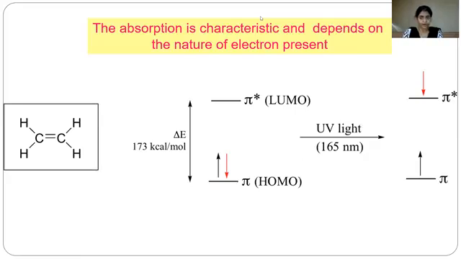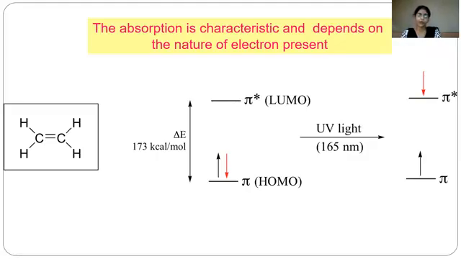When we irradiate the molecule with UV, light of 165 nanometer is absorbed by the molecule because the energy of this light matches the energy difference between the pi and pi antibonding orbital. In this condition, the two electrons present in the pi orbital or HOMO can jump from pi to pi antibonding orbital.